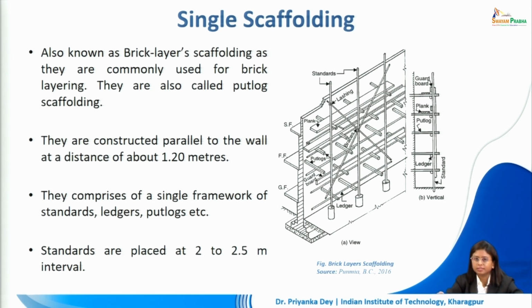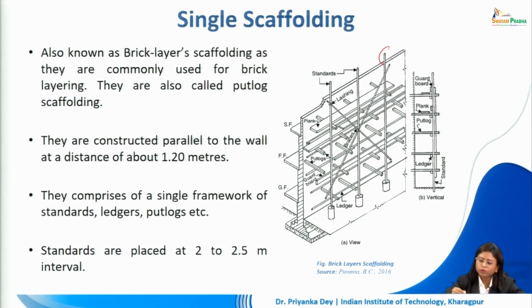This type of scaffolding is constructed parallel to the wall at a distance of about 1.2 meters. They comprise of a single framework of standards, ledgers, braces, putlogs, etc. So it's the wall, and in front of the wall there is only one layer of standards.